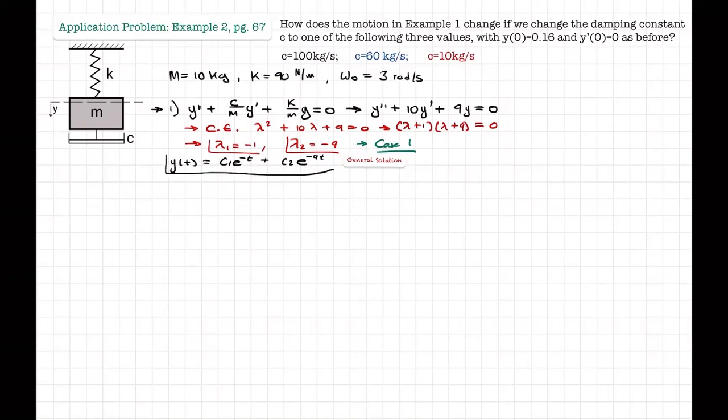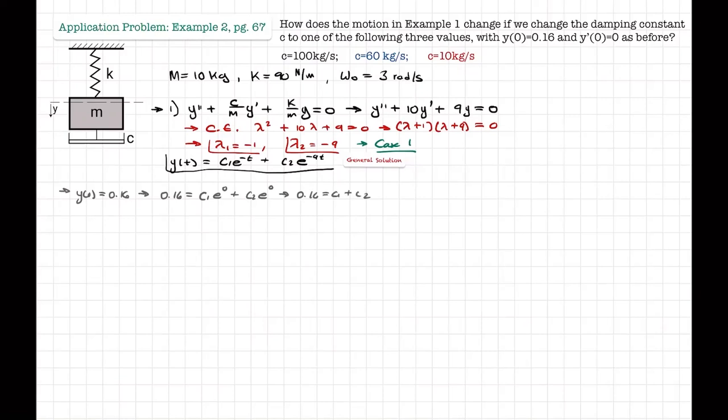Now we need to apply the initial conditions to determine what the actual equation is. We had that y of 0 equals 0.16. So 0.16 equals C1 e to the 0 plus C2 e to the 0, and since e to the 0 equals 1, we have 0.16 equals C1 plus C2.